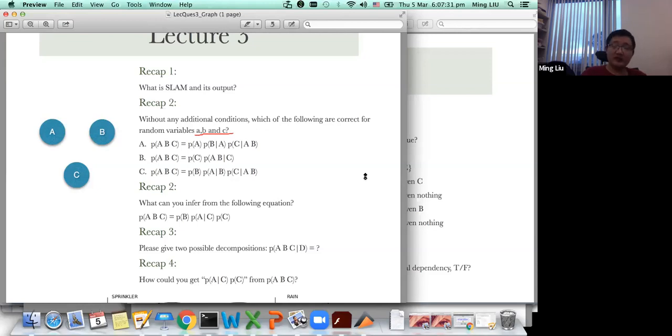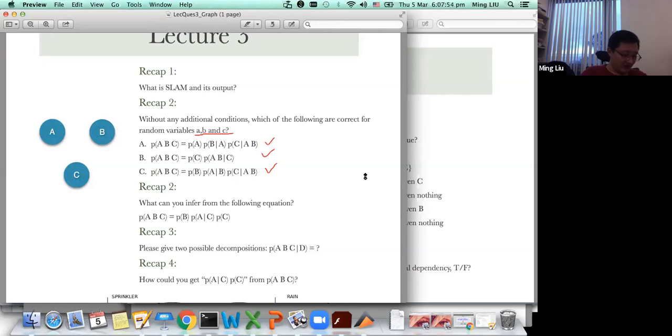So A is: the joint distribution P(A,B,C) is P(A), P(B given A), P(C given A,B). So A is correct, and B is also correct, right? And P(B), P(A given B), P(A given C). All these are correct.